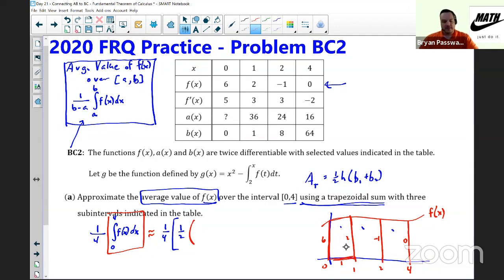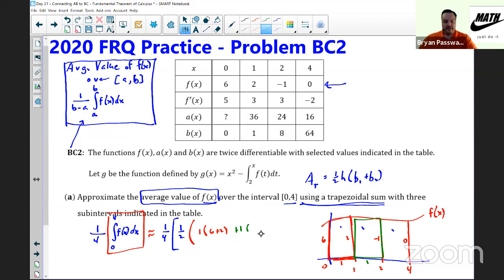And so for the first space, the height is just going to be 1. It's this piece right here. And then our 2 bases are those parallel sides, which are vertical in this case, which would be 6 plus 2. That's going to be our first trapezoid. And then our second trapezoid is this little region right here. This one also has a height of 1 from 1 to 2. So we're going to have a 1 there.